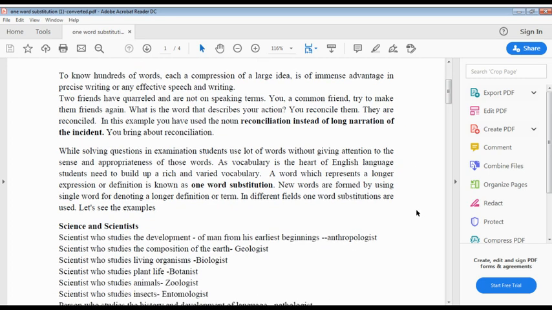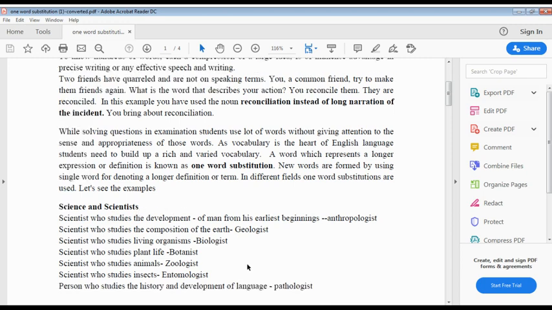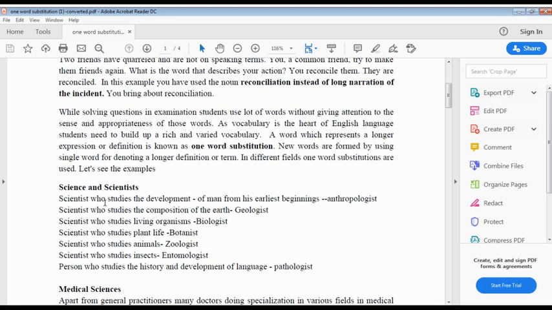Let's go through the examples. Science and scientist. These are the single words which are used in the science and scientist field. A scientist who studies the development of man from his earliest beginnings.